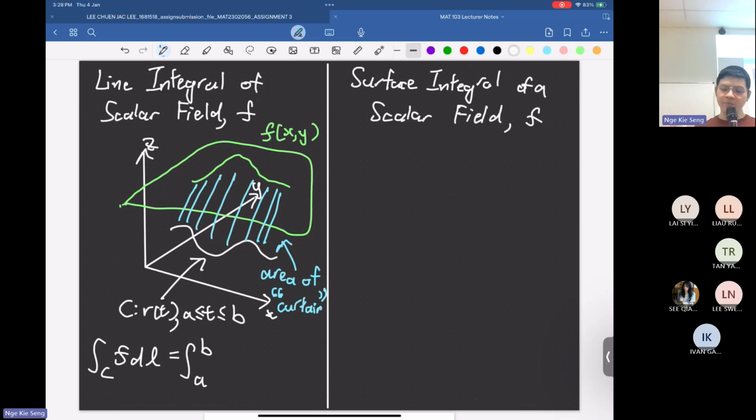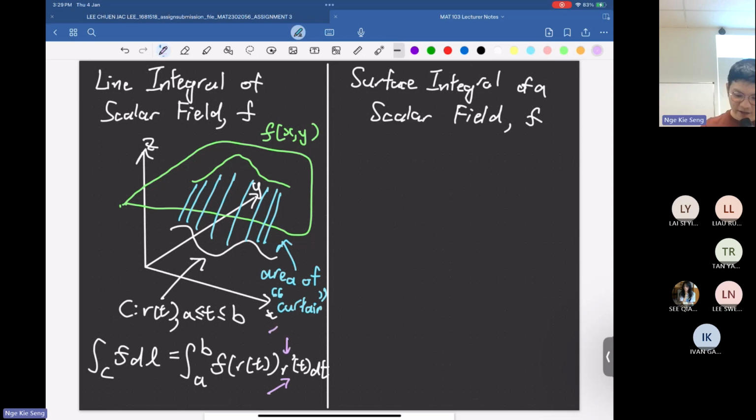But imagine your time is just b minus a, but your curve is curvy. So you need to have some compensation. That compensation is to multiply by r prime(t) dt.